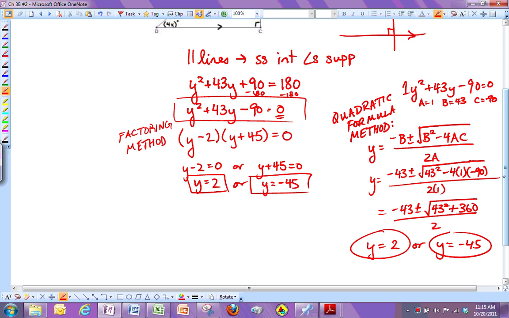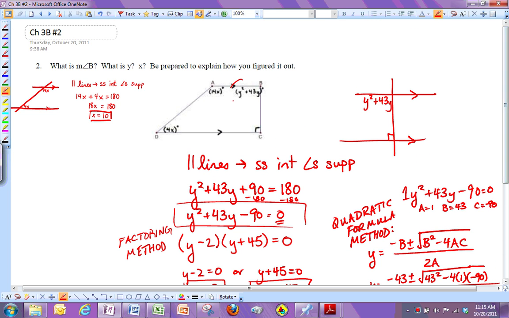Then the next thing you have to do is actually check, do they both work in the diagram? So if I do 2 squared plus 43 times 2, this is for y equals 2, you do get 90 there, which is good, because then 90 plus 90 is 180, and that works.